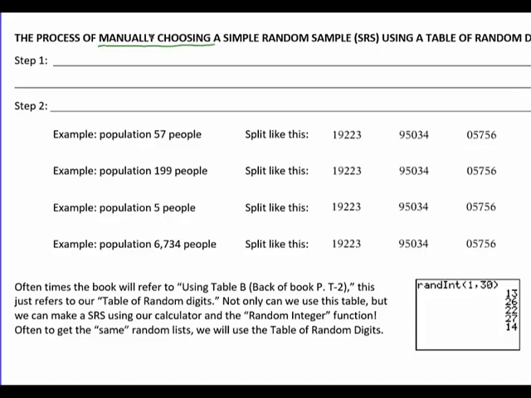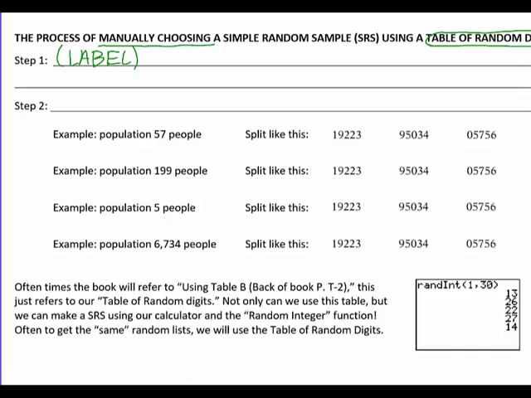Okay? So if you remember, we have a table of random digits, and I showed that to you yesterday. When we are using it, the first step that we need to do is label. If I had to boil it down to one word, it would just be to label.